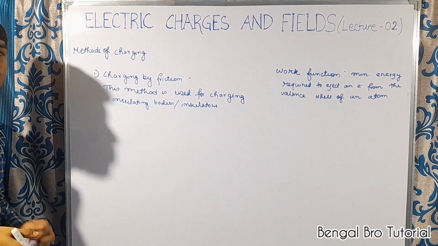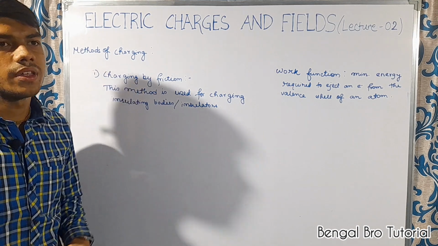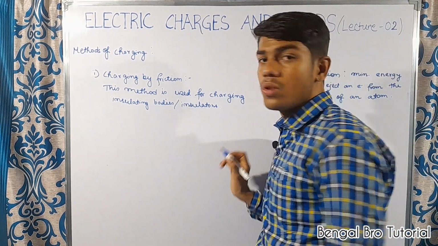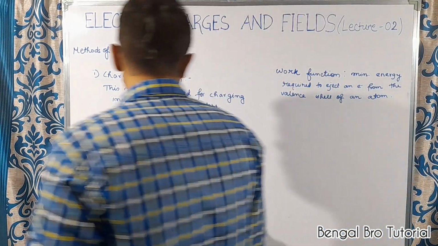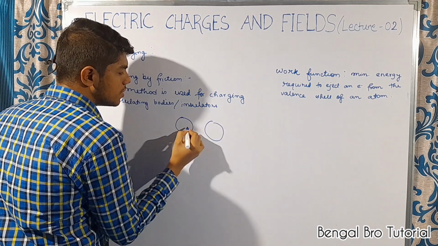Okay, so insulators can be charged by this method, which is known as friction. In this method, we have to rub the two bodies. Okay, suppose we have two insulators A and B.